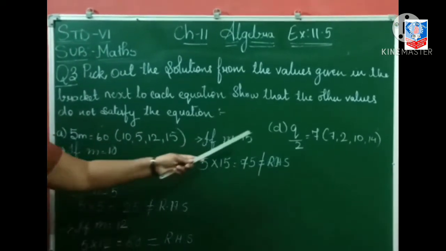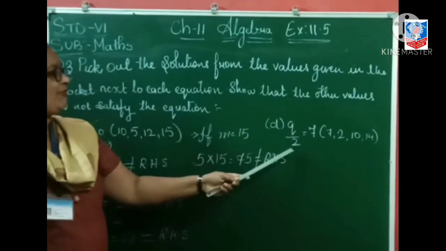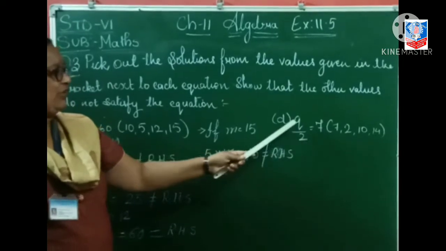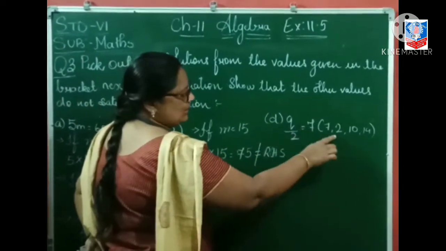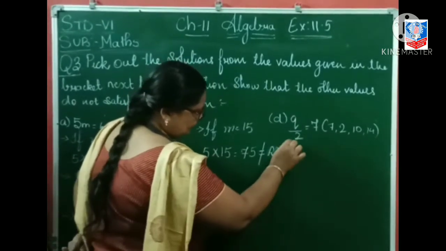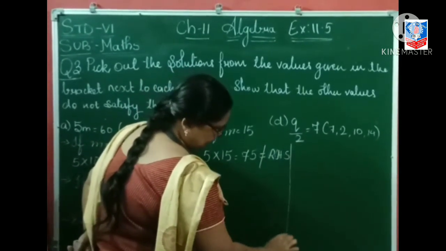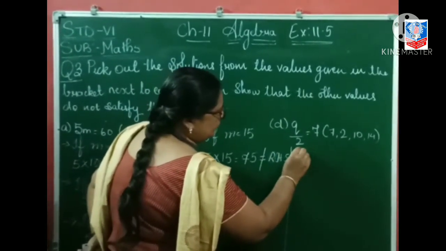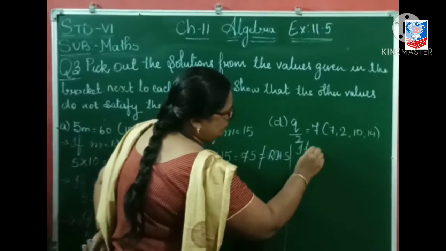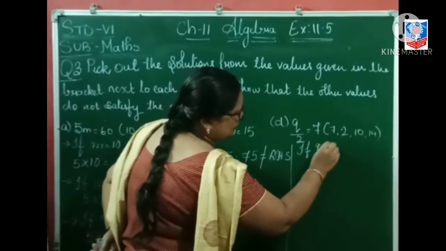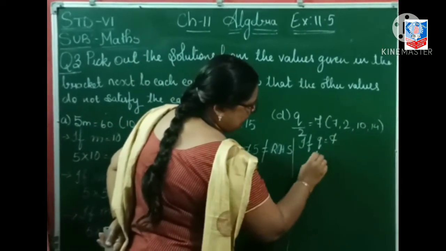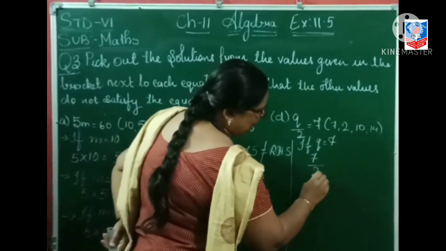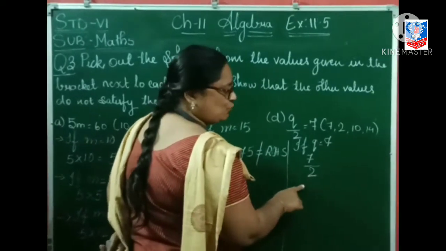Now, next, q divided by 2 is equal to 7. Here we will do the division. If the value of q is 7, now see, 7 divided by 2.